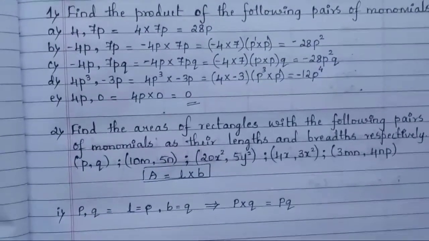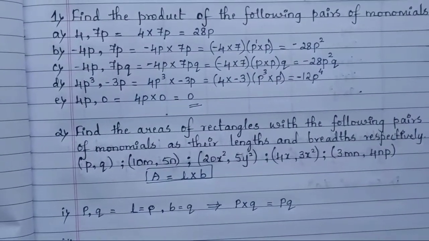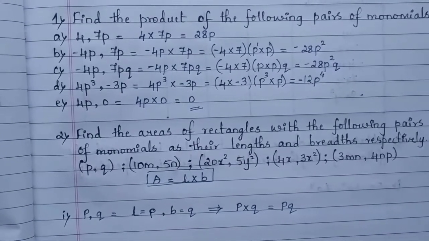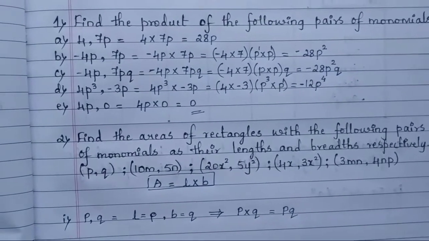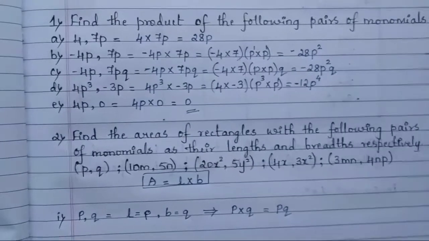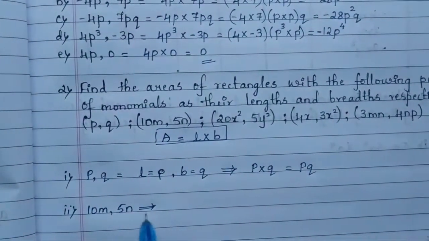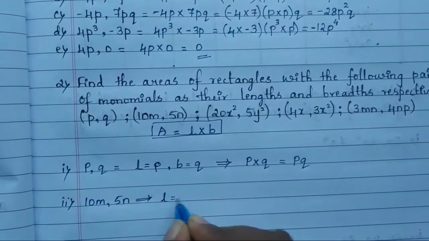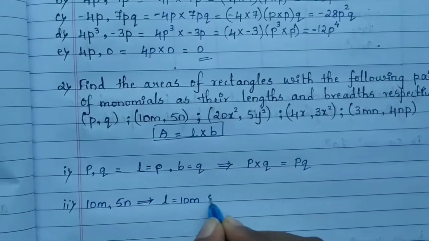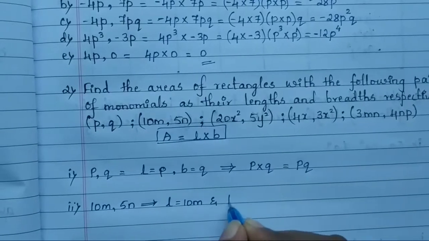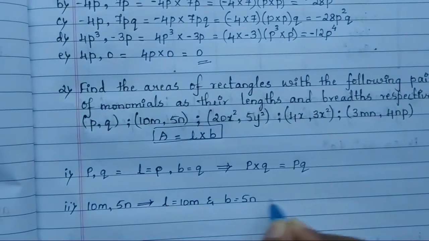Moving on to the second one, that is 10m, 5n. Here they have taken our L equal to 10m and B equal to 5n.